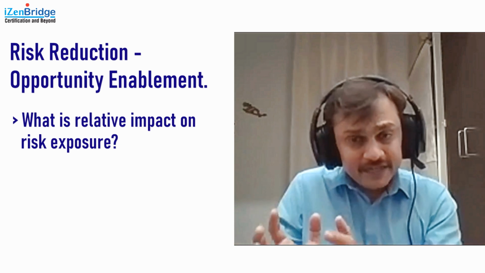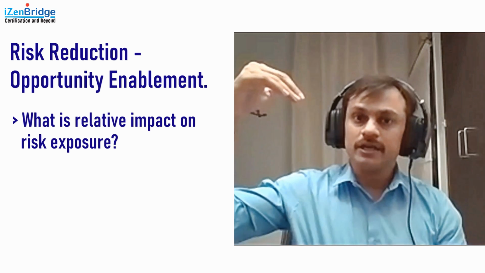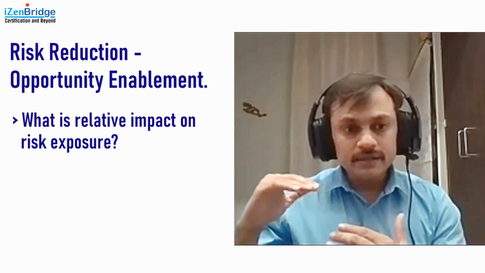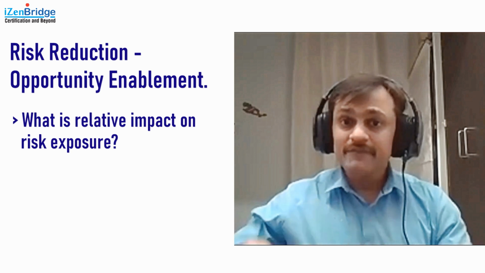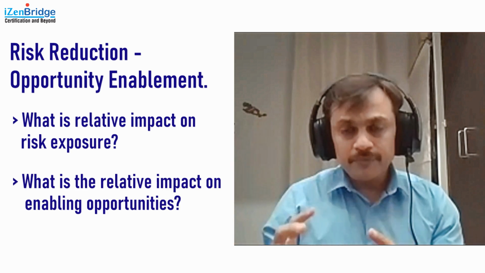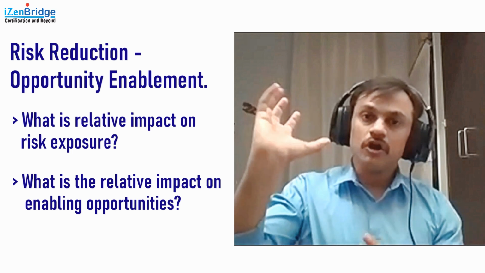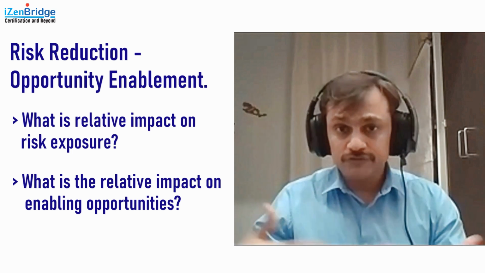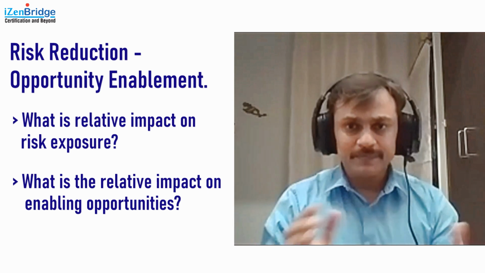If I have that, the feature will go up in the risk reduction dimension. And the opportunity enablement dimension can also play a role where I may have a positive risk. So if doing a particular feature increases my opportunity of achieving something in future, that also goes into a higher space. Let me explain.